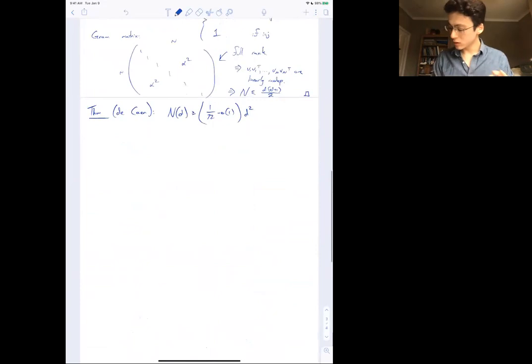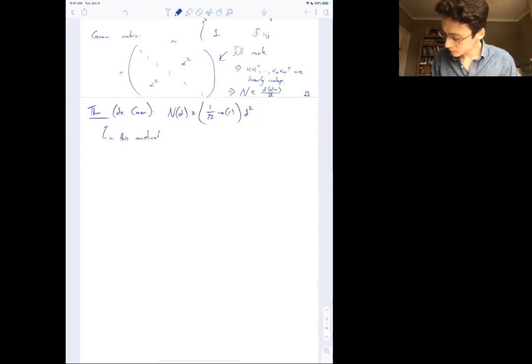But I want to talk about a slightly more refined question at this point. So actually, maybe one piece of motivation is I can tell you that in this construction of Decane, the angle used goes to 90 degrees as the dimension goes to infinity.